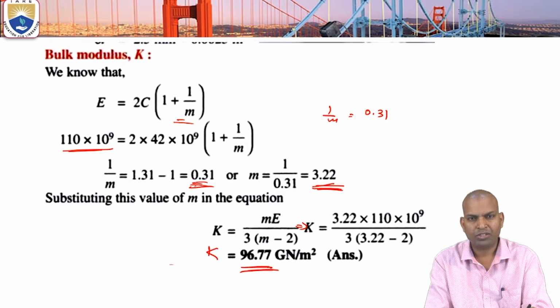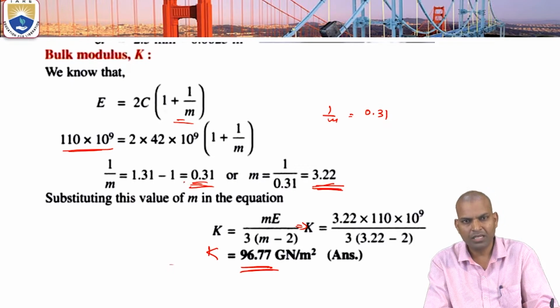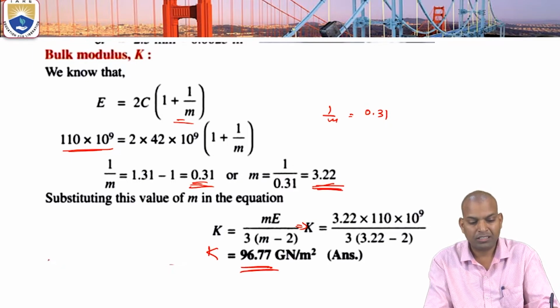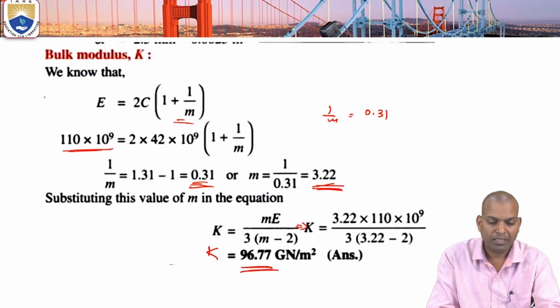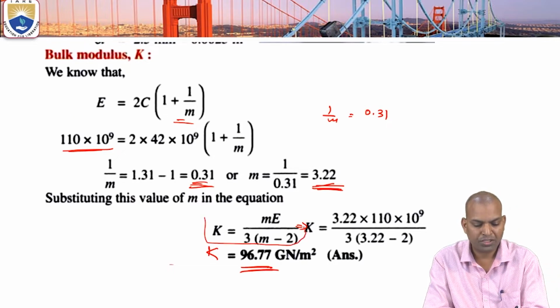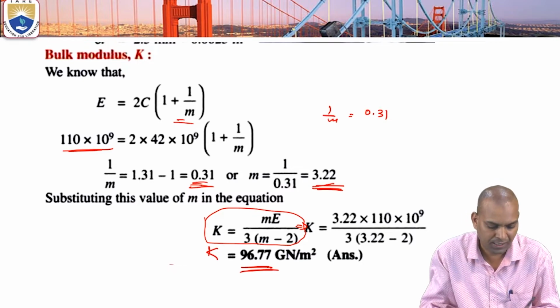After knowing the Poisson's ratio, the unknown is delta D, the decrease in diameter, and delta D by D is calculated from the formula of Poisson's ratio. There is another quantity we need, the bulk modulus, from the relationship between K, E, and mu. From this we calculated the bulk modulus of elasticity.